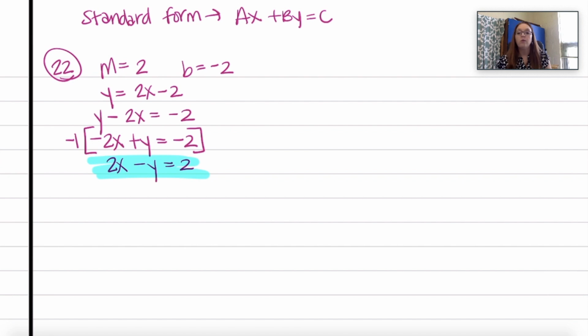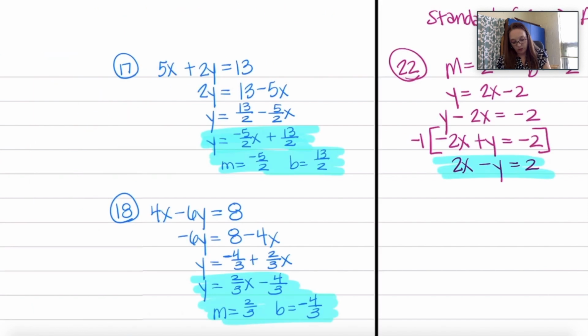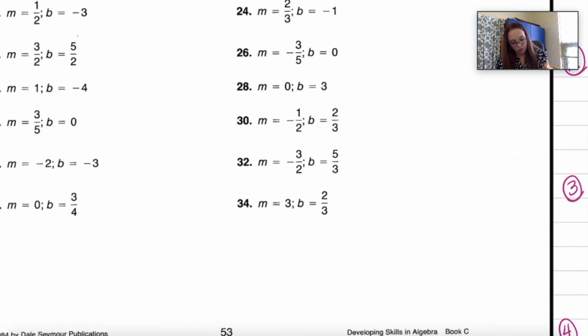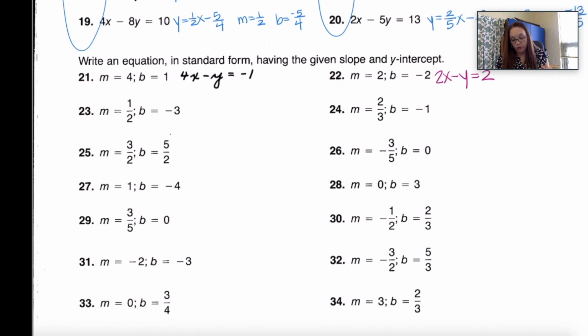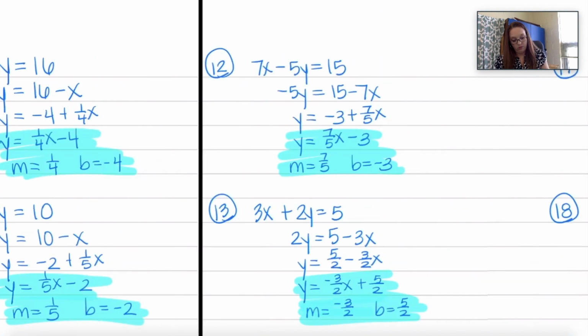So it's going to be 2x minus y equals 2. So I'm going to write that down on my page. 2x minus y equals 2. And then I'm going to go to the next problem. Okay, so for 23, we see our slope is 1/2 and our y-intercept is -3.